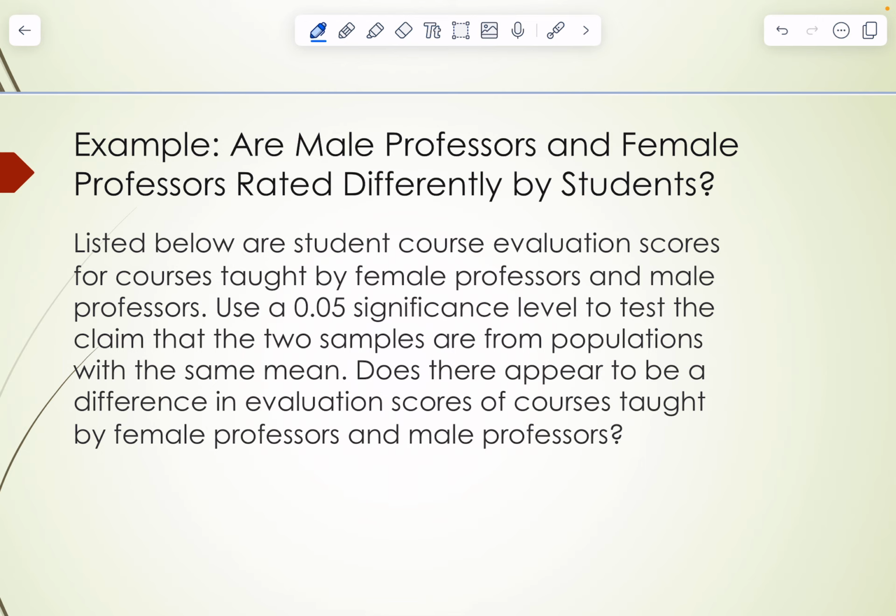Use a 0.05 confidence level to test the claim that the two samples are from populations with the same mean, meaning that course evaluations for courses with female professors are the same as those of courses taught by male professors. Does there appear to be a difference in evaluation scores of courses taught by female professors and male professors?